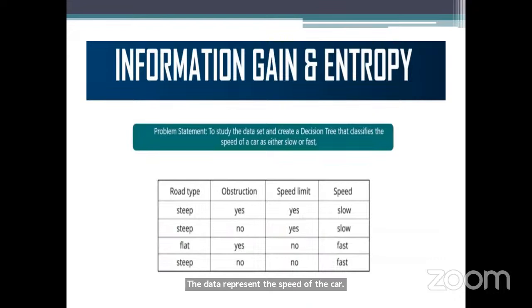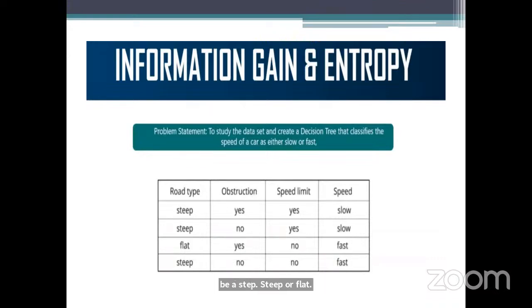So the problem statement here is to study the data set. Here is the small data set I have taken, and create a decision tree that classifies the speed of the car, which will be either slow or fast. So the predictor variables here are road type, obstructions, speed limit, and whether it will be steep or flat.